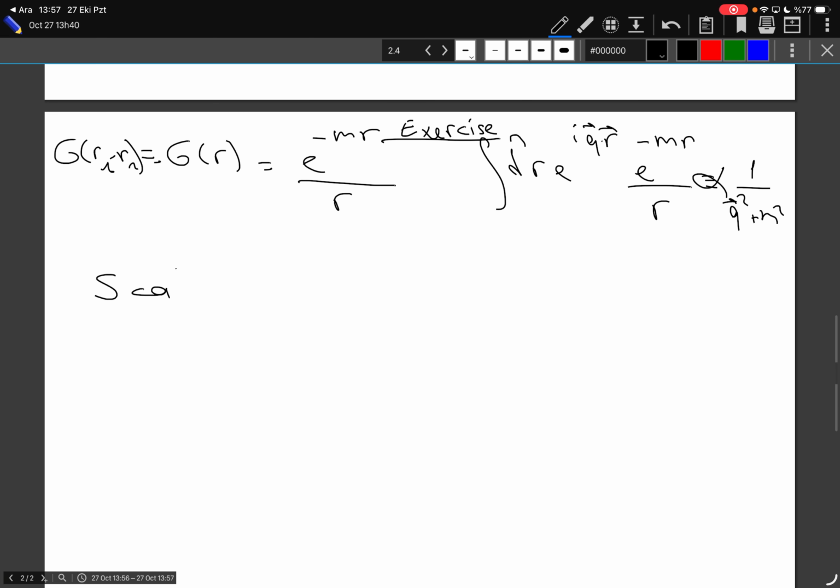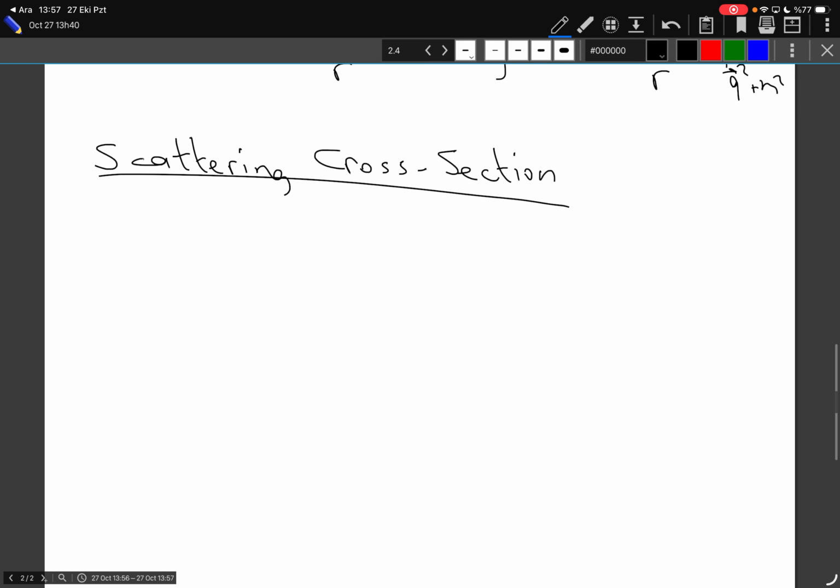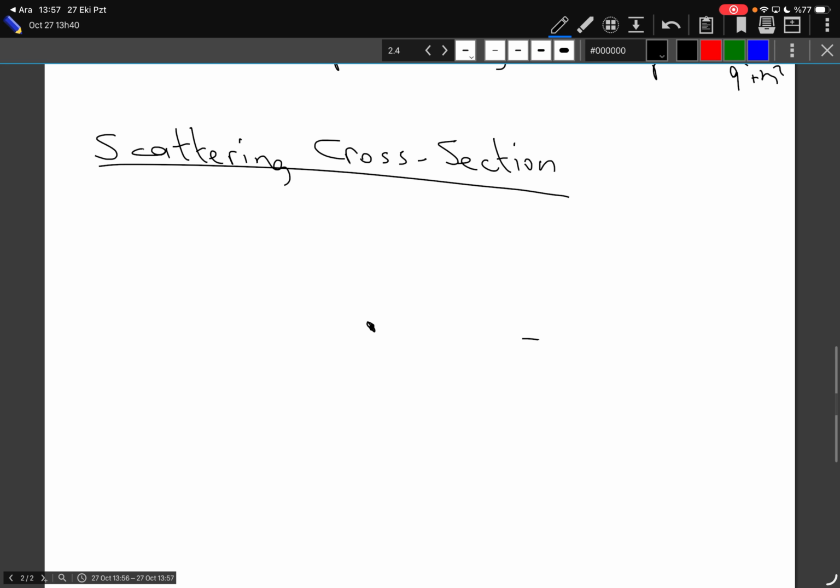Okay, let's look at the scattering problem. Let's start with the classical problem. We have some kind of a potential over here, a source, something that creates a potential. And we are sending particles.